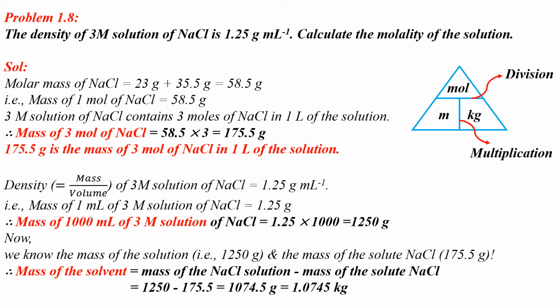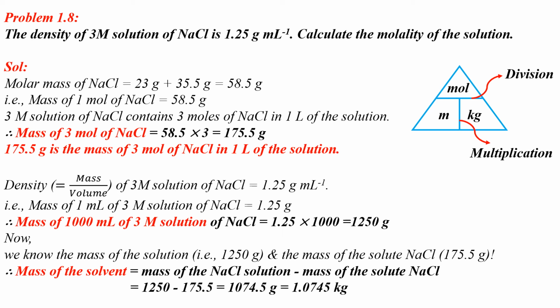Now, let us calculate the mass of sodium chloride solution. Look at the question. They have given the density of sodium chloride solution. It is equal to 1.25 grams per milliliter. We know the expression for density, it is equal to mass by volume, isn't it?